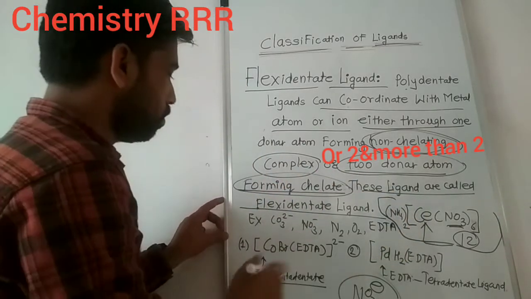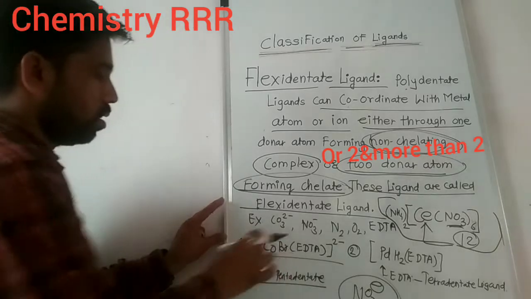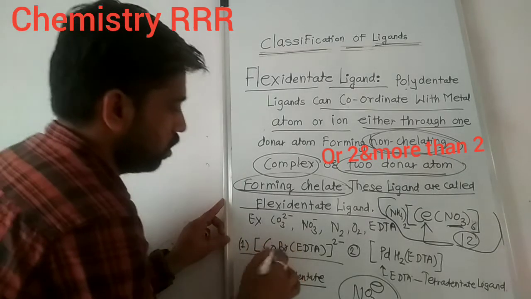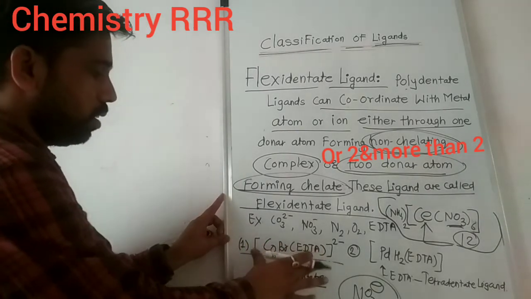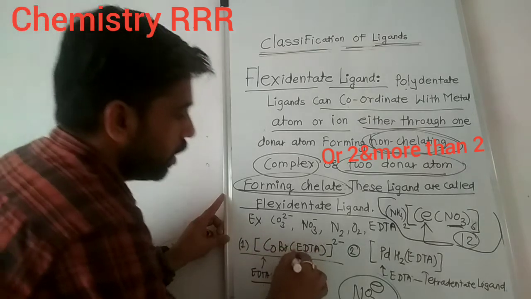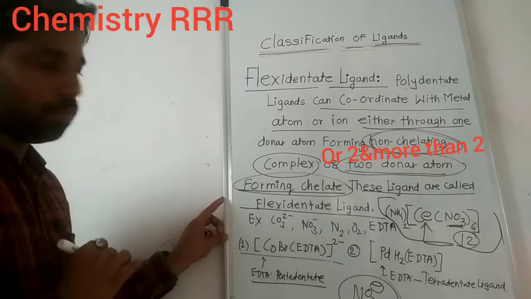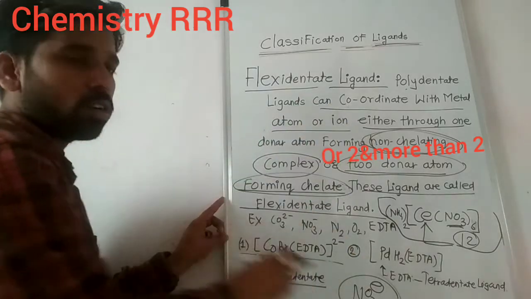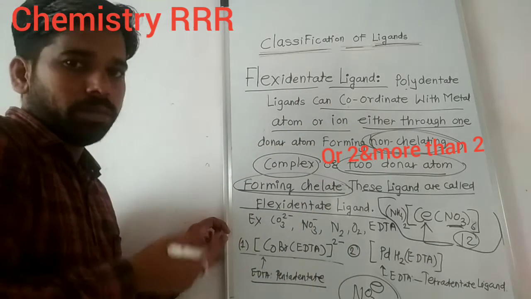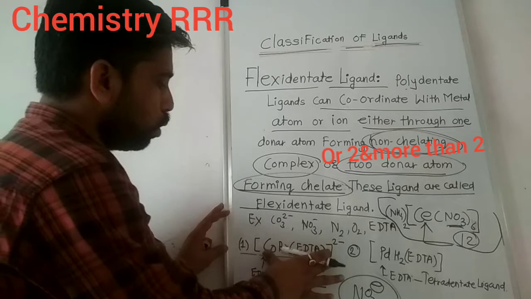Another example is cobalt. Look towards this example, cobalt bromine EDTA with 2- charge. The IUPAC names for all these complexes we will discuss later. Now look towards this complex.